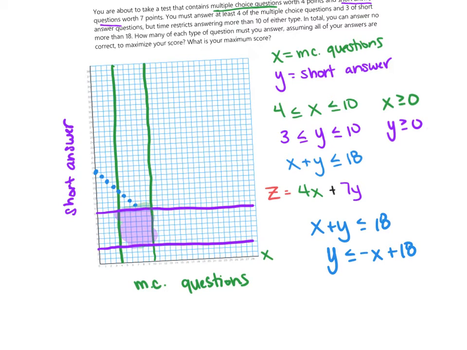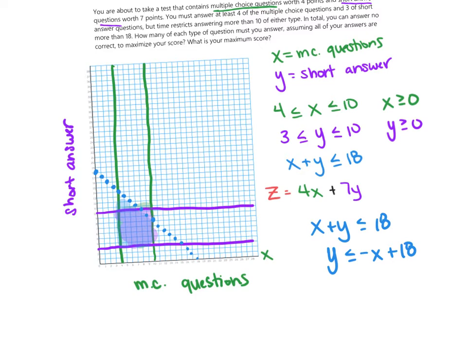I'm looking for where things start to intersect here. There we go. And now I want to shade below that, so that'll be everything right here.